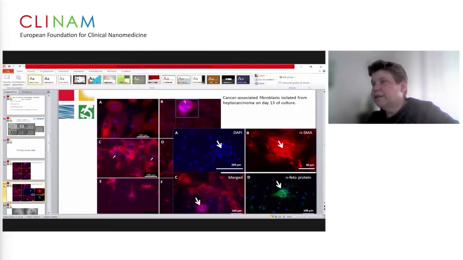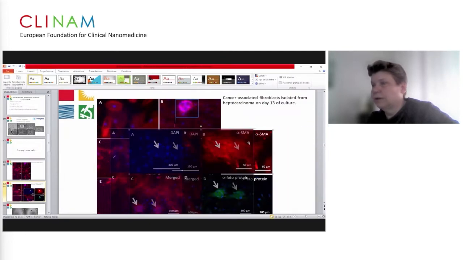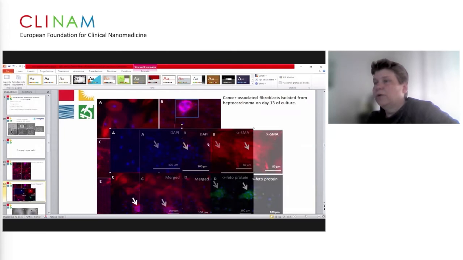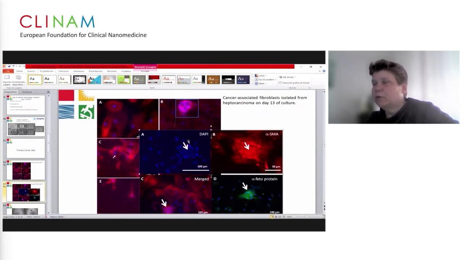We then analyzed this microtumor, which you cannot see because it's covered by this. As you can see here, we have inside a diffuse DAPI signal, meaning that we have necrosis. We have a viable outermost cell layer.